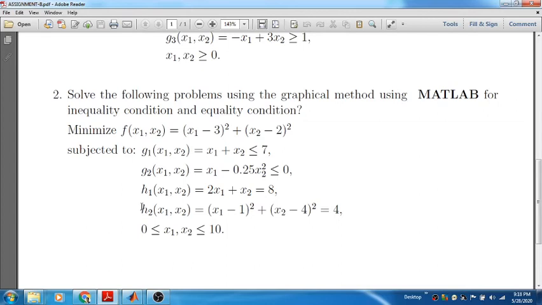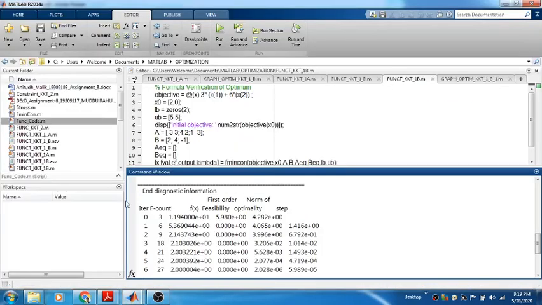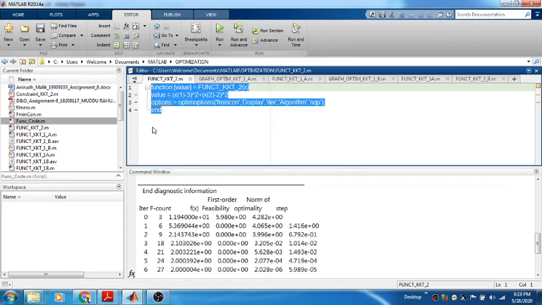If you see, we have a non-linear constraint G1, you can see here G2 and H2, along with an equality one, right? So let's do this problem: how we can do this type of problem using Matlab. I have already written its code here, so writing the code will not take much more time.